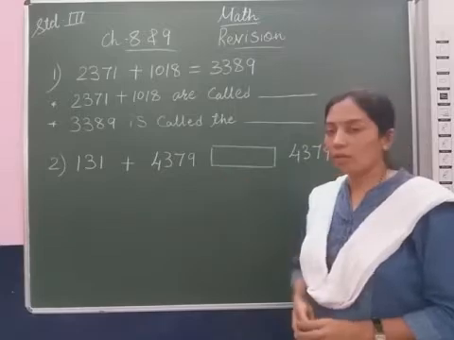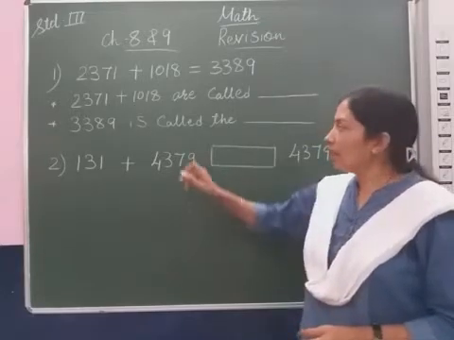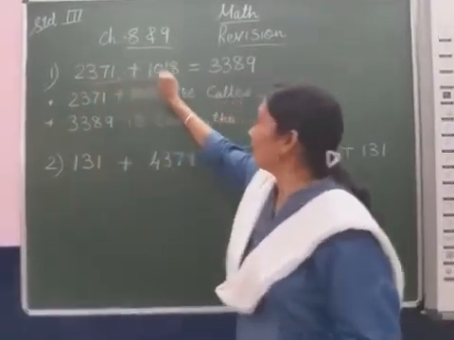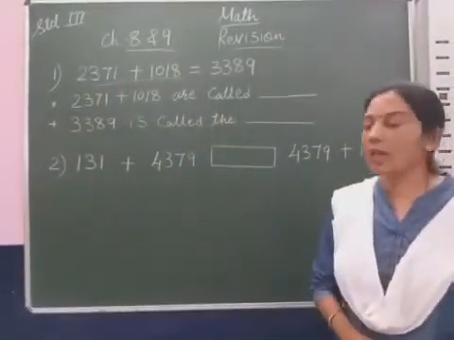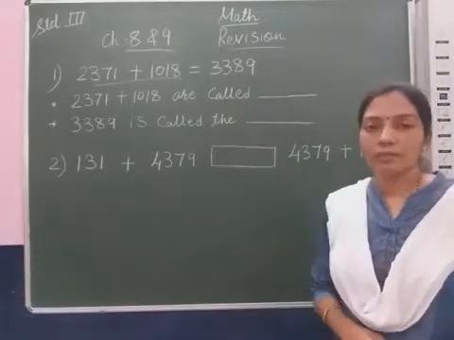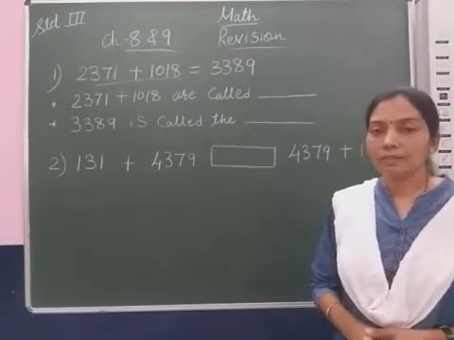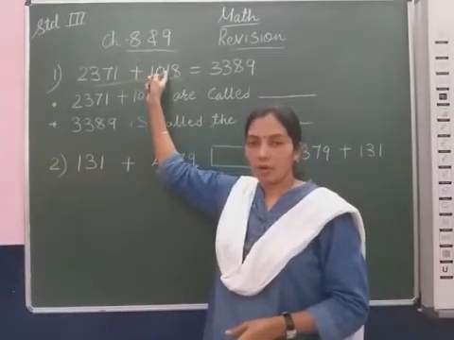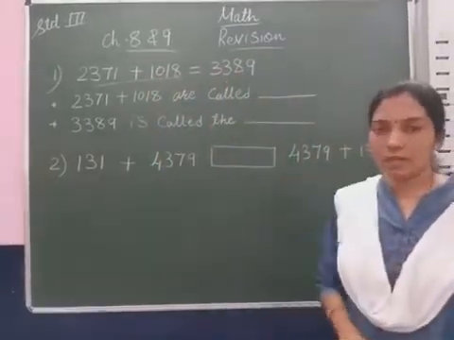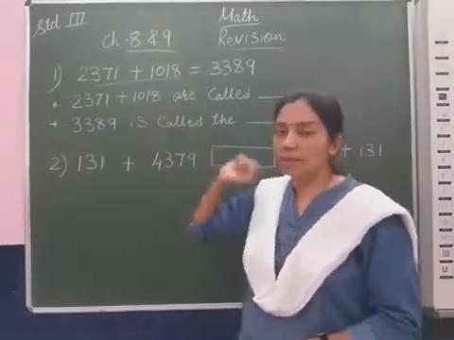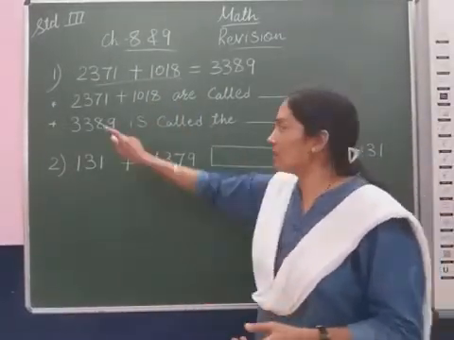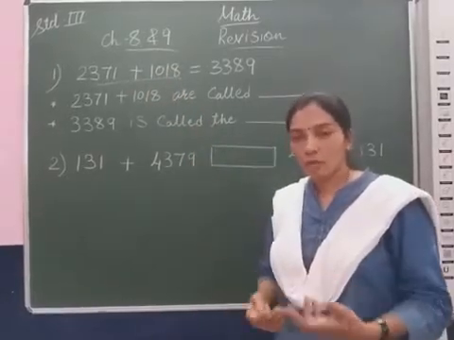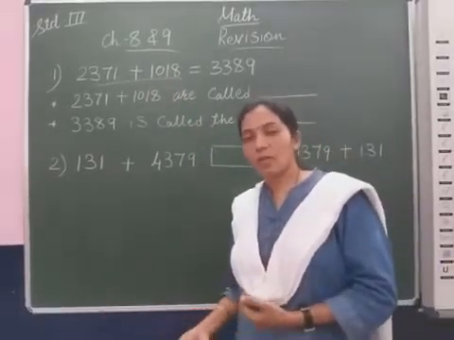In this question it is asked: 2371 plus 1018 are called what? Here we add a 4-digit number with a 4-digit number and find this answer.